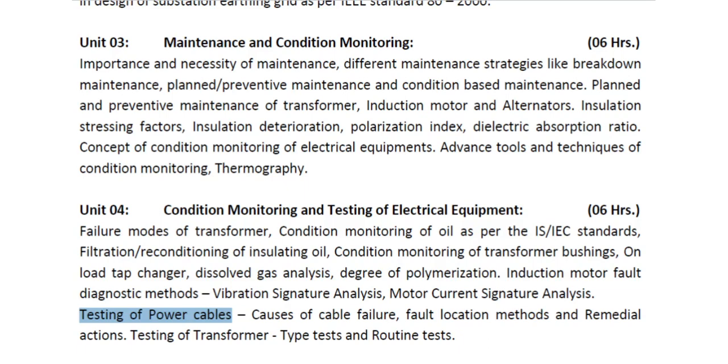As soon as the voltage to be transferred through this conductor is increased, the material requirement of the insulation is also increased.